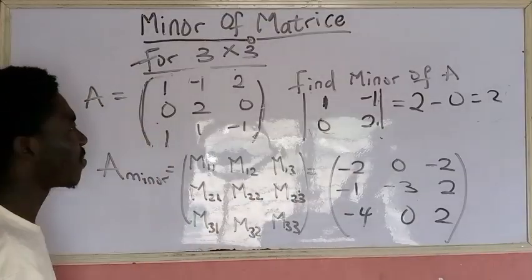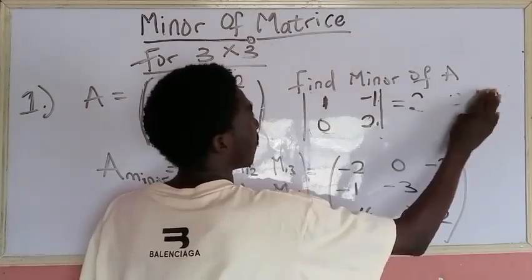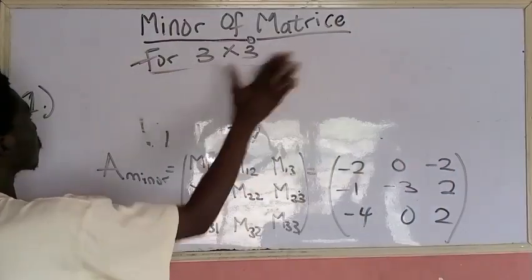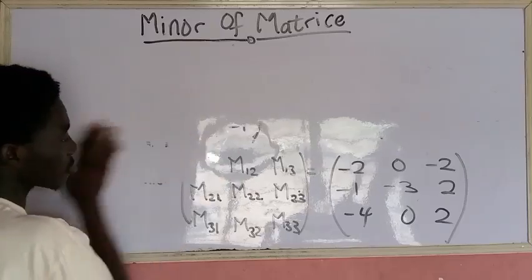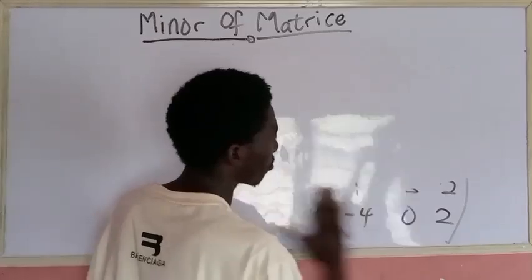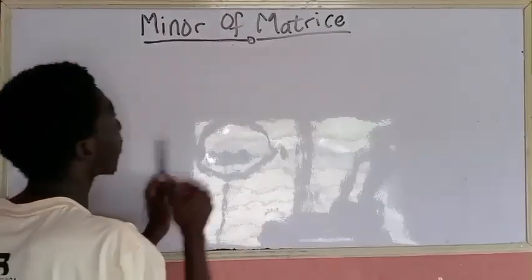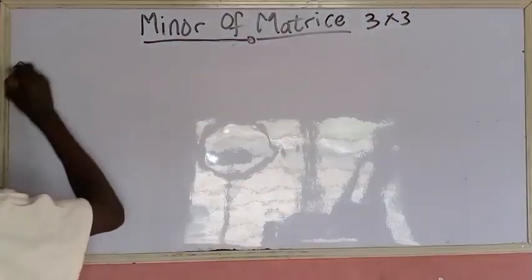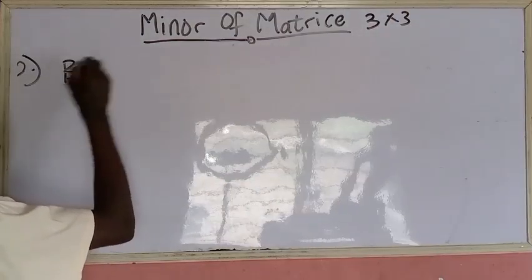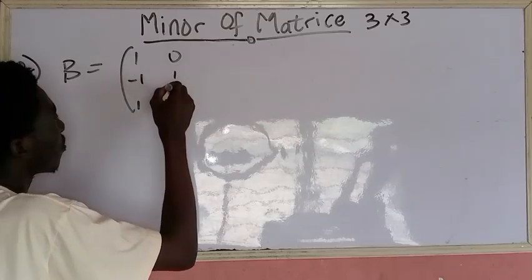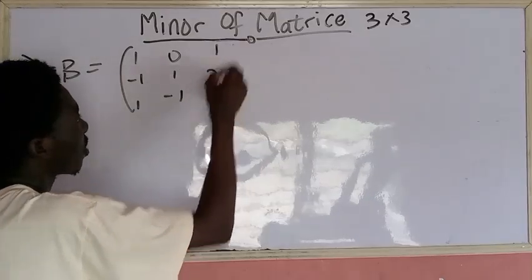Let's take one example before we finish the video. Number 2, so you have a matrix of 1, 1, 1, 0, 1, minus 1, 1, 2, 1.